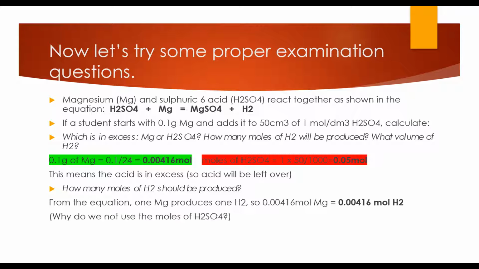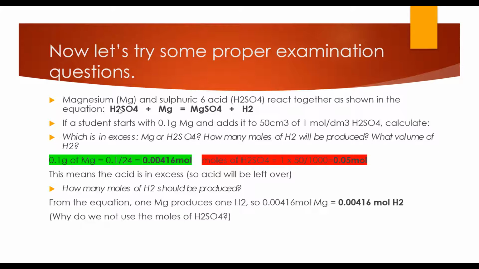In the third bit, good question: why do we not use the moles of H2SO4? That is because there is too much H2SO4 to react with all the Mg, and therefore the amount of hydrogen will depend on the magnesium, not on the H2SO4. Quite a lot of the H2SO4 will not react at all.